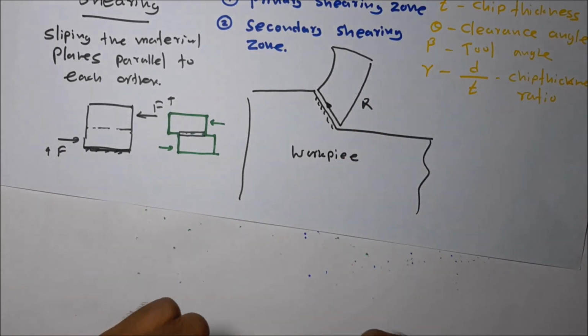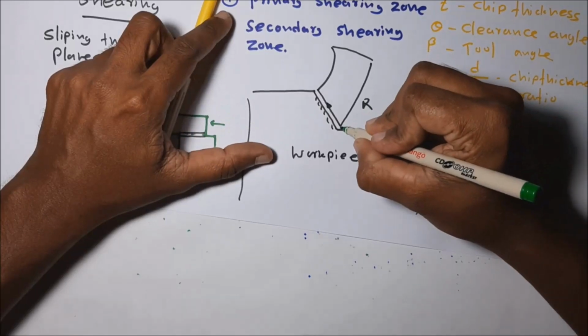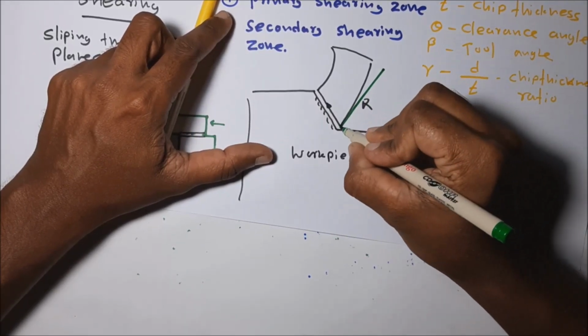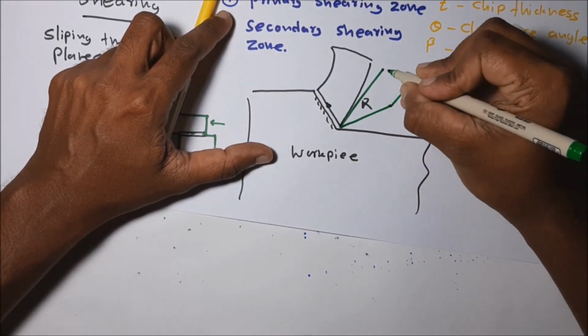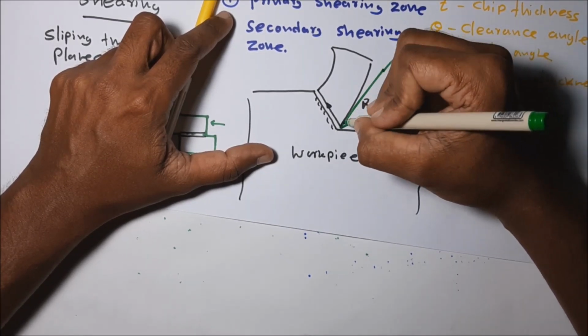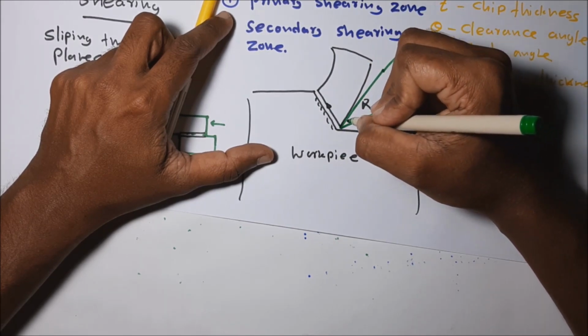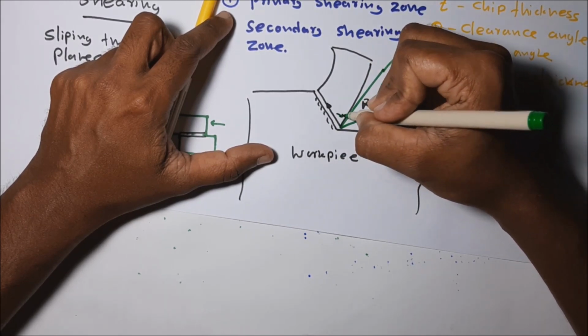This is the cutting tool. Very high pressure is acting on these mating surfaces, the bottom surface of the chip and the cutting tool face.